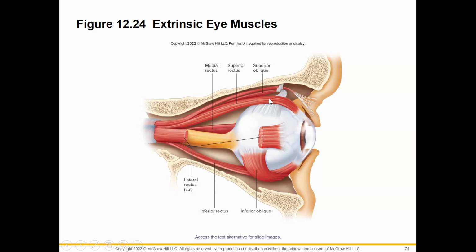You have the superior rectus that is going to contract to make your eye look up, etc. So make sure you're looking at all 6 of the eyeball muscles so that you can understand how each of them move.